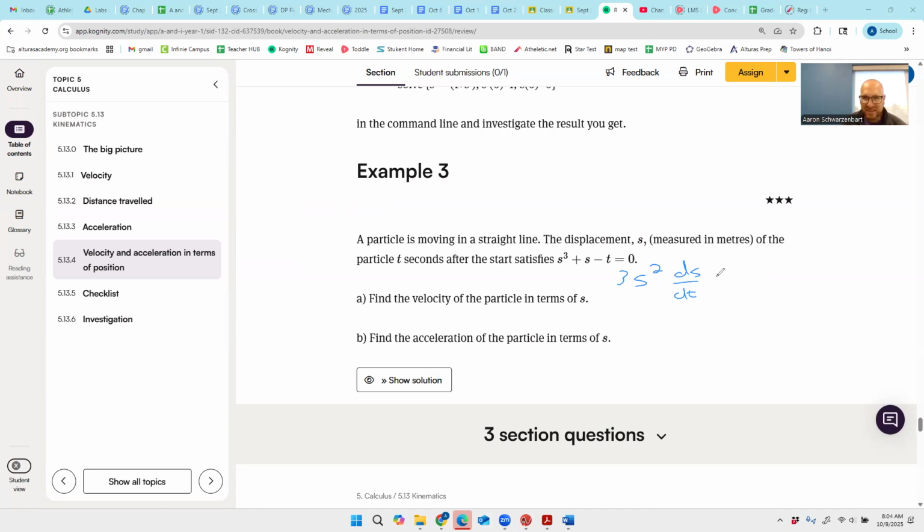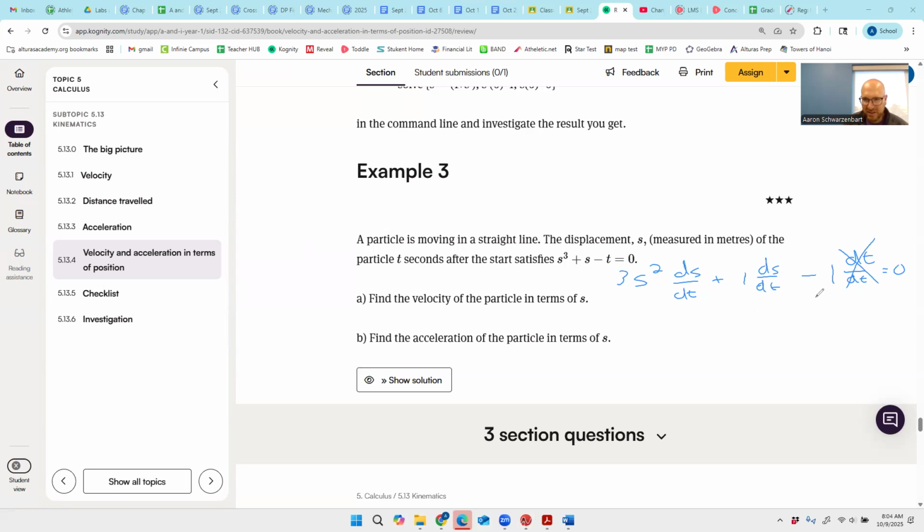This velocity is ds/dt times 1, ds/dt minus 1 dt/dt equals 0. dt/dt is not needed.